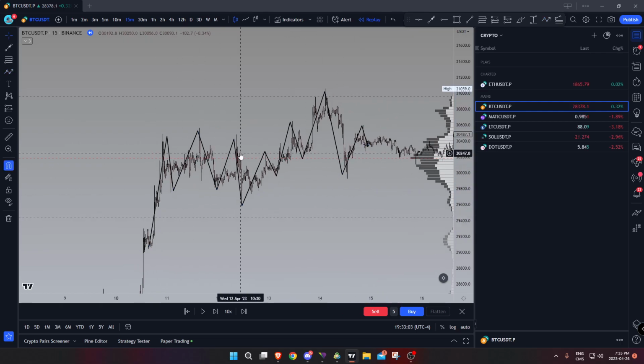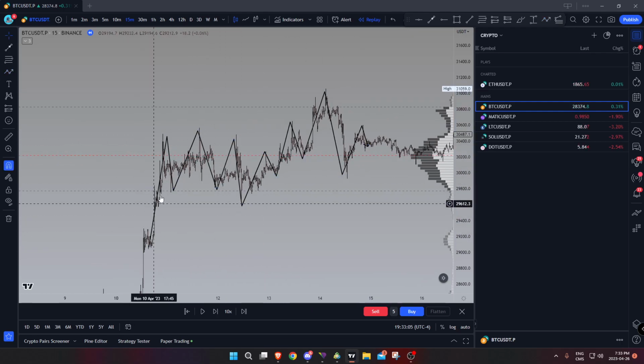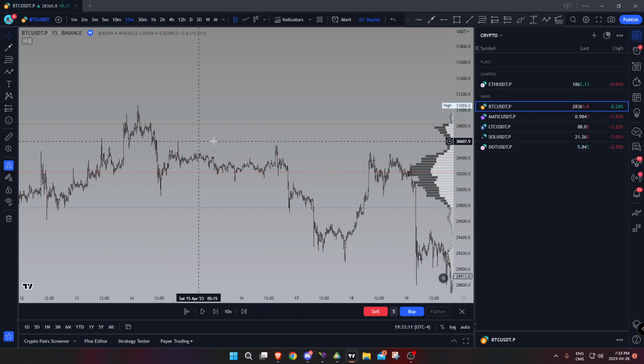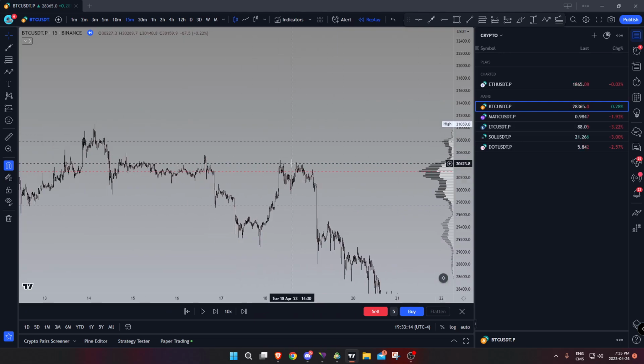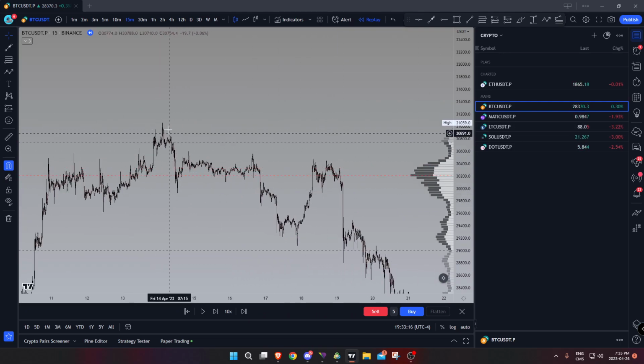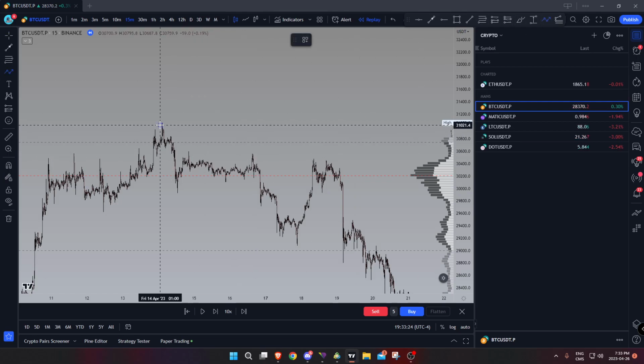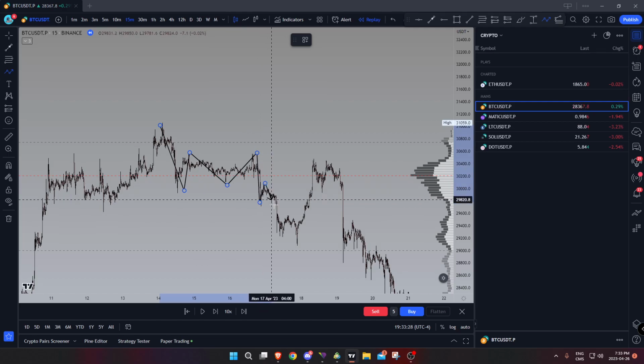So in this area, I would probably look for long since we have a pretty bullish structure. But when we start going here, we're starting to make some lower lows and some lower highs too. So now I have my swing structure right there.